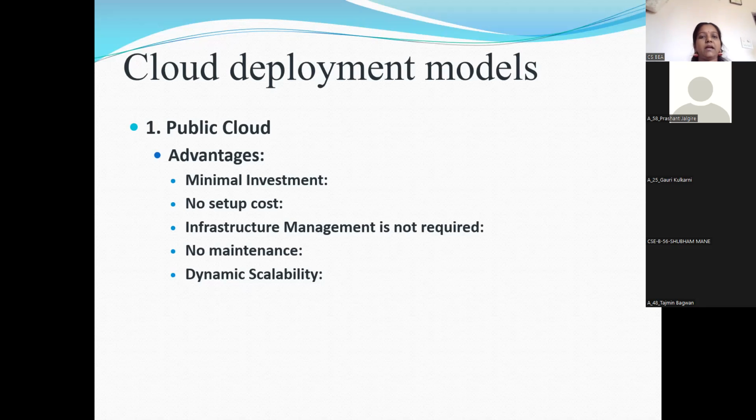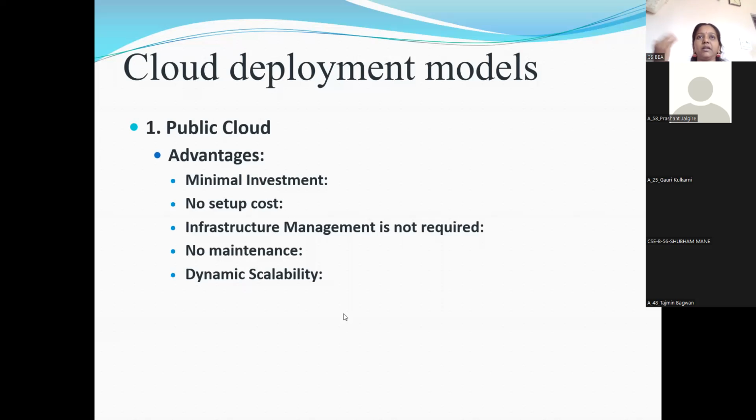So we are saying that it has the advantage of minimal investment. Then second is no setup cost. That means the entire infrastructure is fully subsidized by the cloud service providers. Thus, there is no need to set up any kind of hardware.